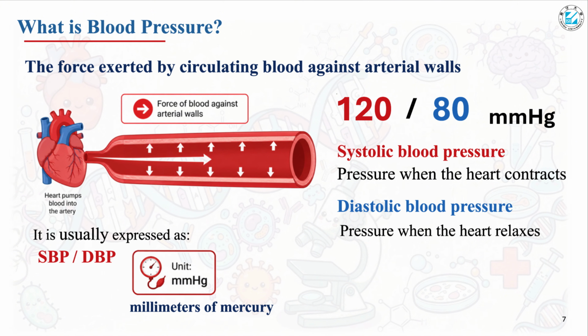Diastolic blood pressure is the pressure when the heart relaxes between beats. So, systolic pressure reflects the pressure during heart contraction, while diastolic pressure reflects the pressure during heart relaxation. Both values are important when we evaluate cardiovascular health.